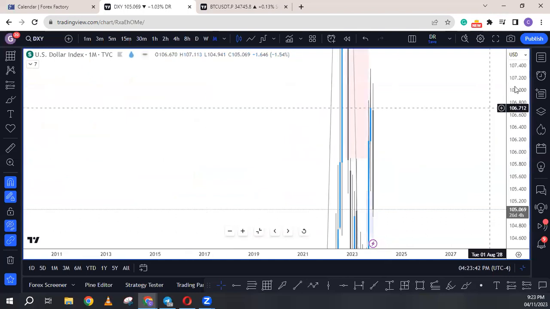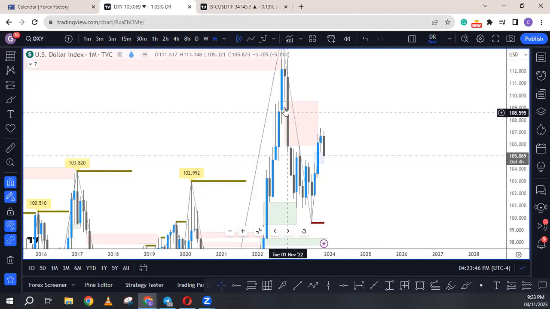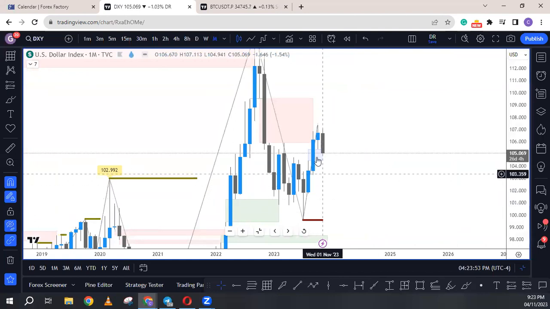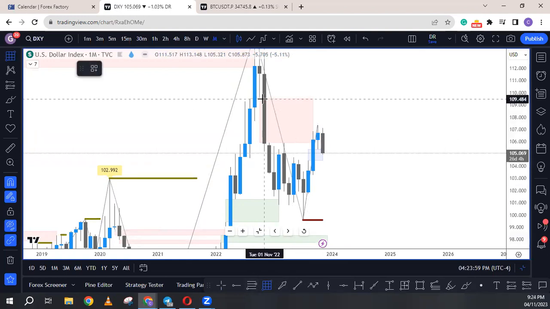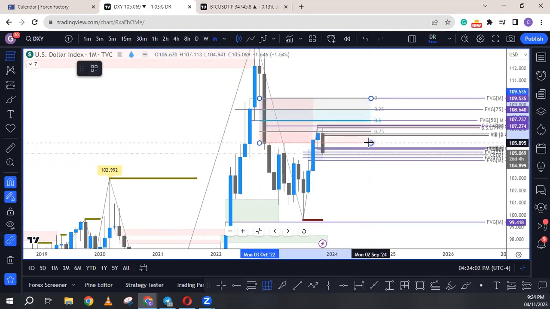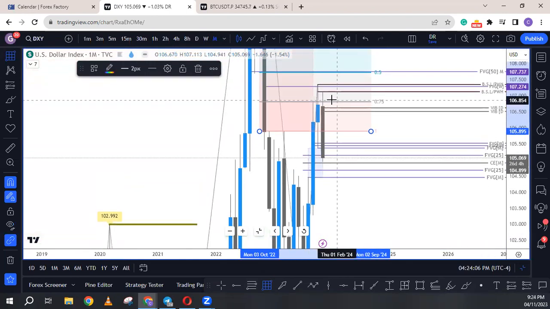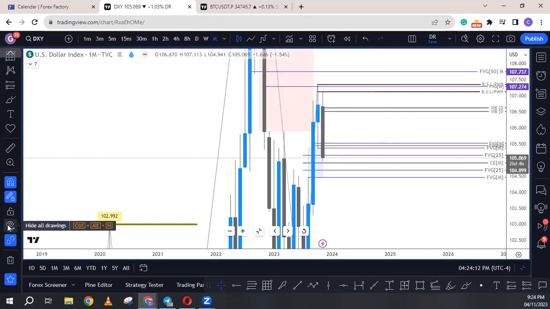Now let's start off with the monthly chart. If we look at the monthly chart, we can see that there is this big fair value gap here, and price now is within this monthly fair value gap. If we put our quadrants here, we will see that price got to the lower quadrant of this big monthly fair value gap, and it's dropping now.